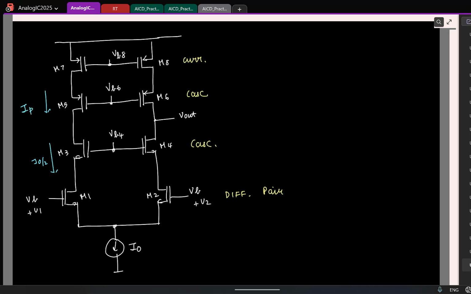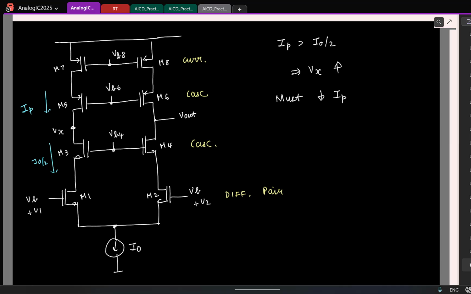So let us say IP is greater than I0 by 2, correct? What can you say about this voltage Vx? Will Vx increase or decrease? Now if IP is greater than I0 by 2, as a corrective measure, what should I do to IP? I should reduce IP.